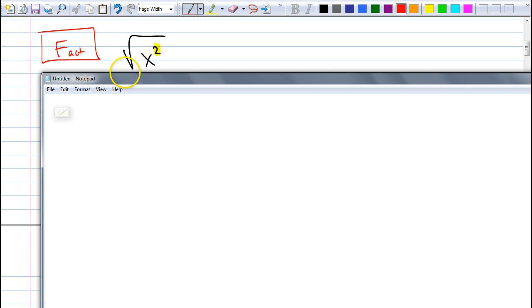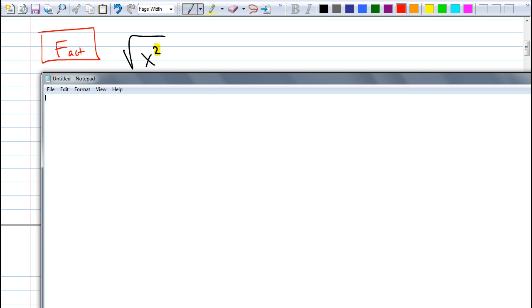Okay, here we go. Let me give you a fact before we start. If you take the square root of x squared, notice I'm giving you a square root of an expression with a variable in it, a variable expression. By the way, is this whole expression positive or negative? It's positive, right? There's nothing in front. So when you simplify a positive number, it has to be positive. So this is a fact.